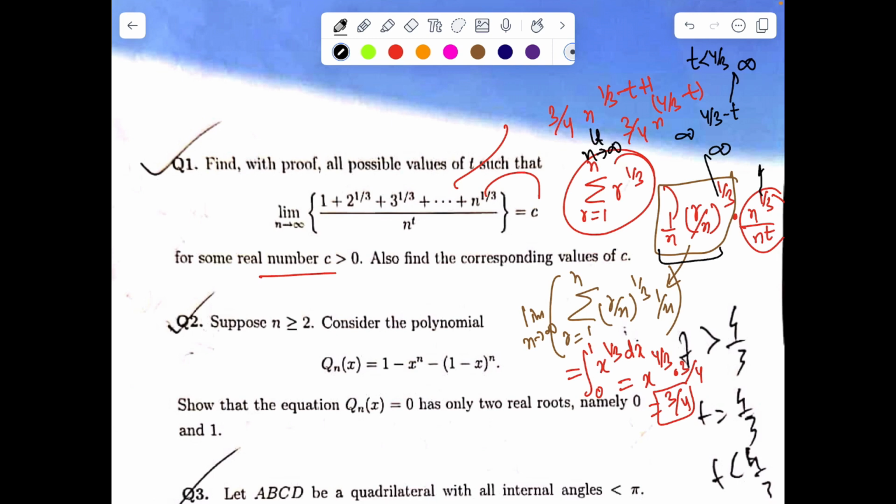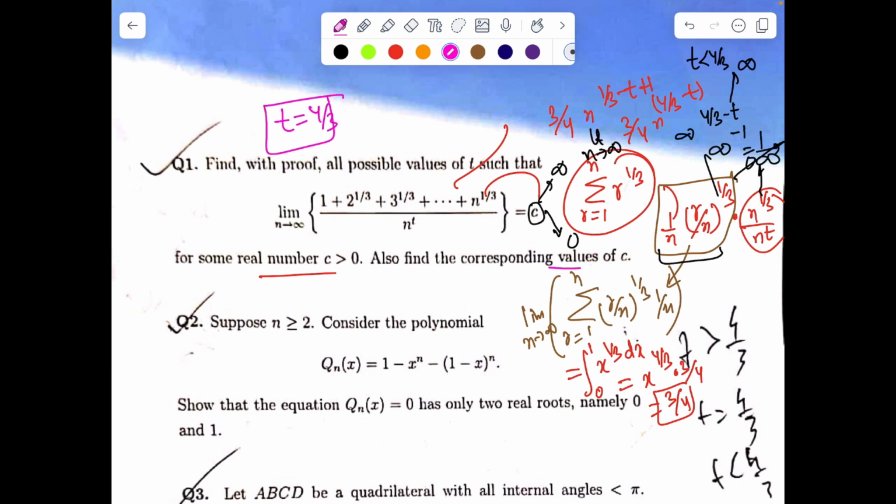If t is more than 4 by 3, then infinity to the power something like minus 1, minus 2, minus 3 will go to 1 by infinity, which tends to 0. So the value of c is either going to infinity or tending to 0, but we want some real c greater than 0, a positive value of c, and also the corresponding values of c.